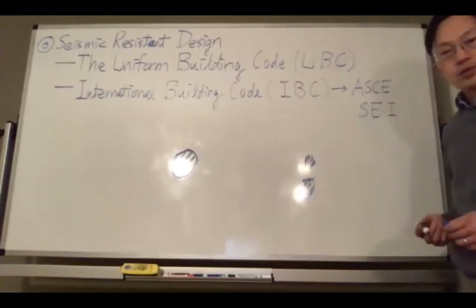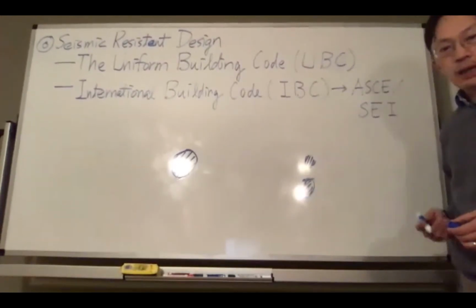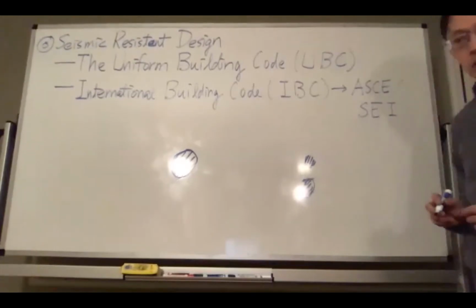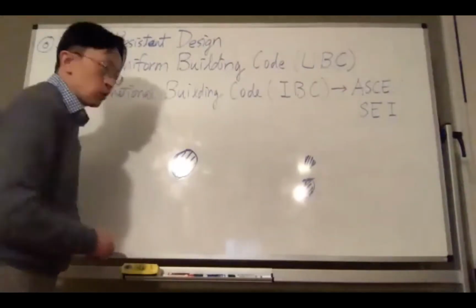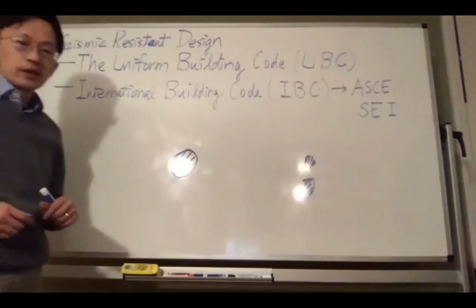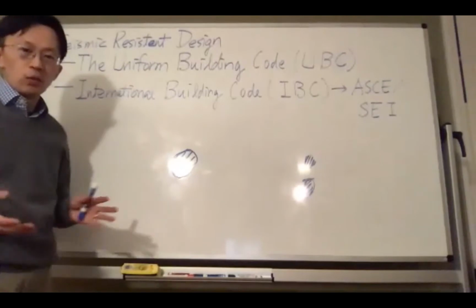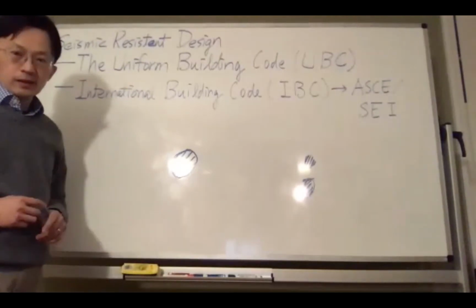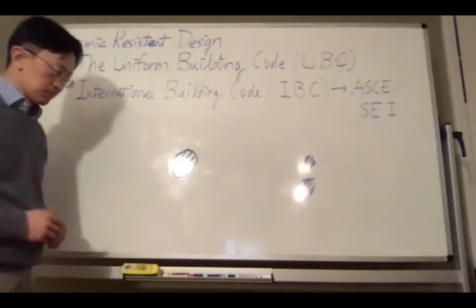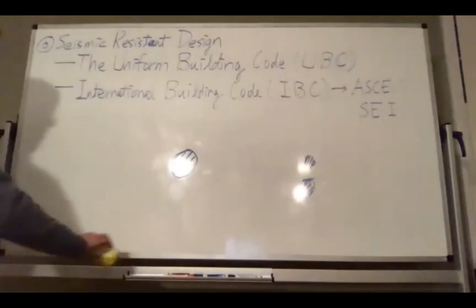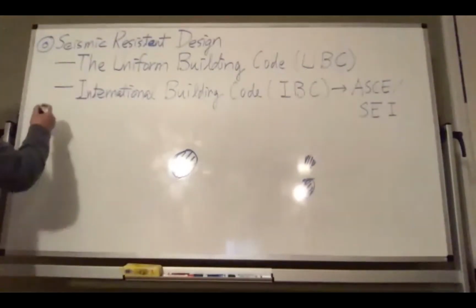Some of you may also be members of SEI. I'm a member of SEI in the health monitoring subcommittee. So here, I will show you the typical steps in designing structures subjected to seismic load. That's the purpose of this lecture today.